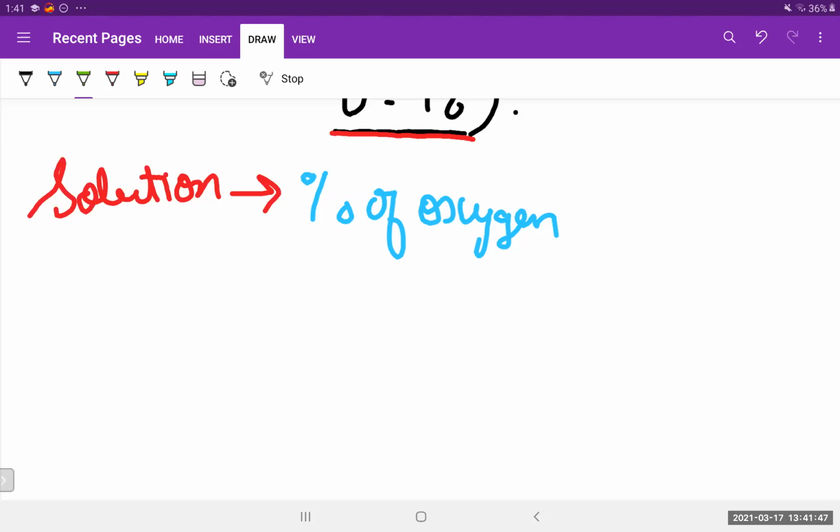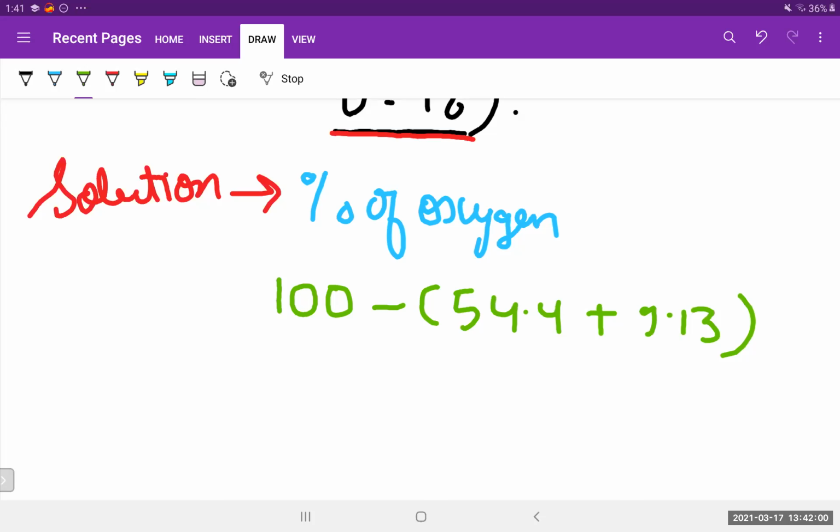So let's say that the whole compound is 100, minus the 54.4% of carbon and 9.13% of hydrogen. If we subtract it, then we'll get the percentage of oxygen. Is it clear?